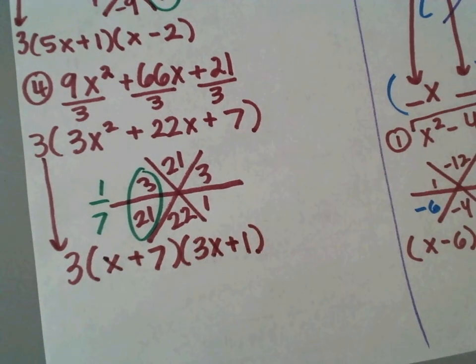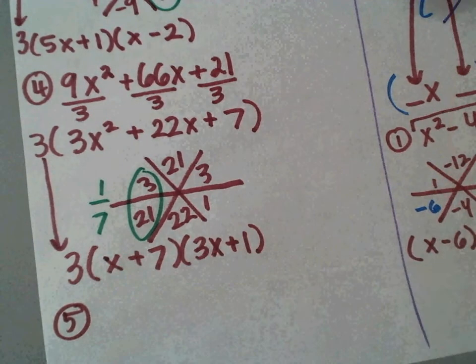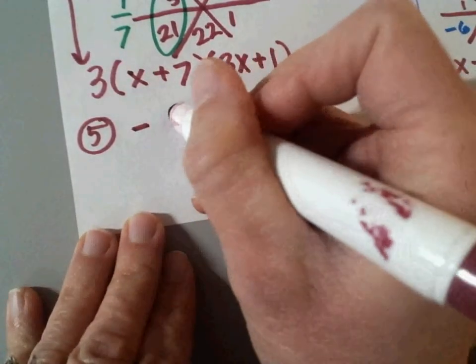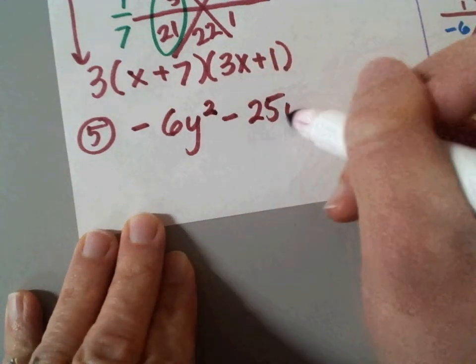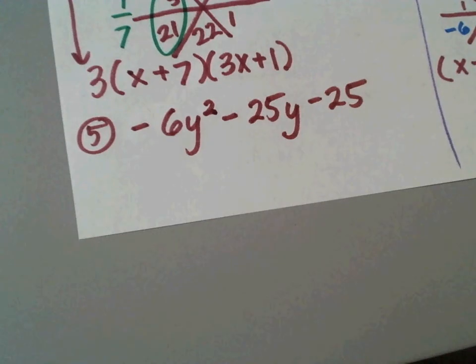Okay, technically, the only thing I want to show you on why I wanted you to do a 5th one, because I think by now you should be getting the hang of this. Y'all agree? Those of you working and focused? Okay, which is majority of you. Number 5, if I give you one like this, let's just make a note of it. If it was negative 6y squared minus 25y minus 25.